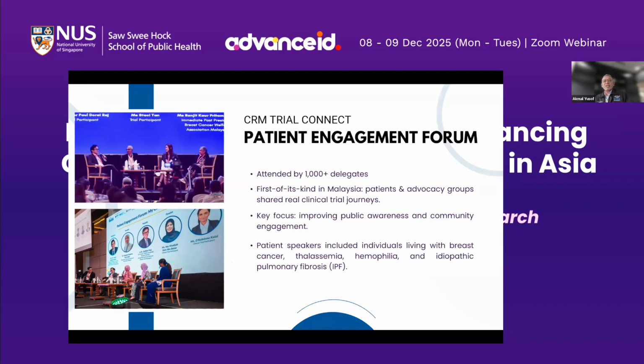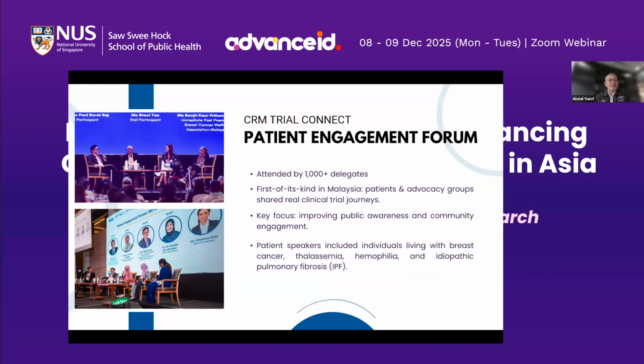The second last one is the patient engagement forum. This is usually done independently, and it is actually one activity in the CRM Trial Connect, where we invite patient groups, patients who have already been included in clinical research, who have completed their enrollment.